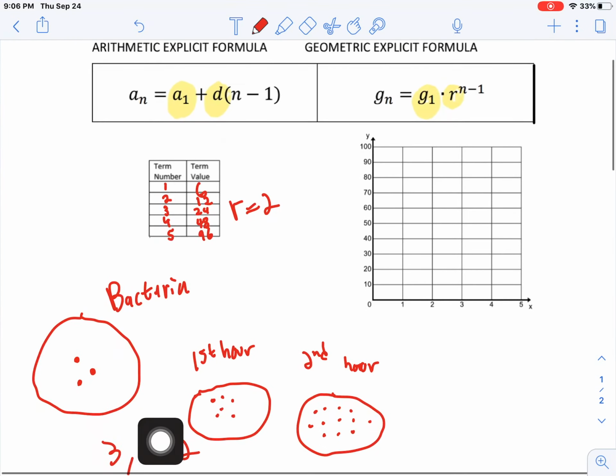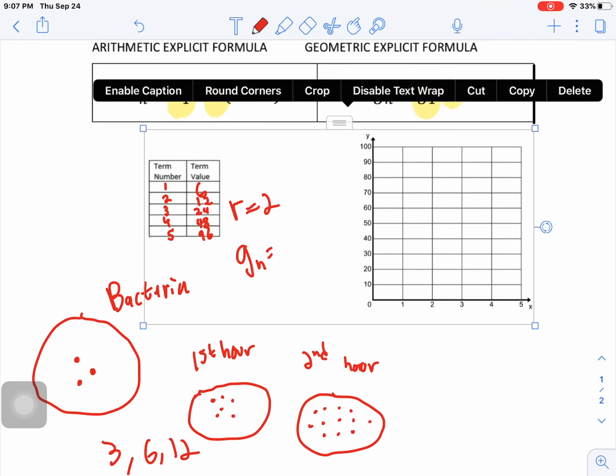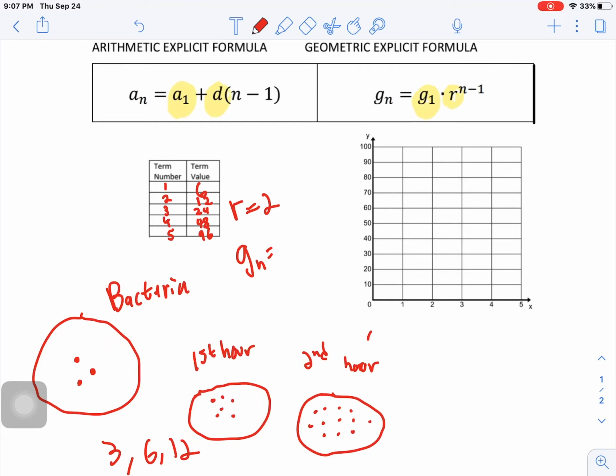We had 3, 6, 12, and we continued that pattern to get 24, 48, and 96. So my formula is going to be G sub n equals, my first term is 6, my common ratio is 2, and n minus 1, make sure it is written as a little exponent.